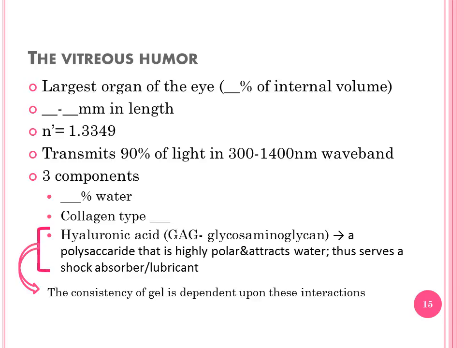Let's talk about an old basketball, not a brand new one that bounces right back up, but one with a couple of holes in it, where you press it in and it usually stays indented. Well, if it has a shock absorber inside it, when you punch it, it's going to bounce right back. It's not going to stay indented. So think about relating the functions of these different components of the eye. I mean, the vitreous and the lens aren't the most exciting parts of the eye, but they are very important.